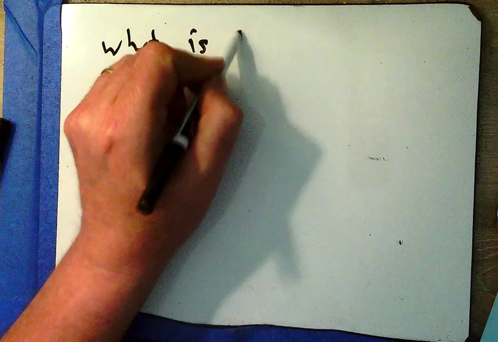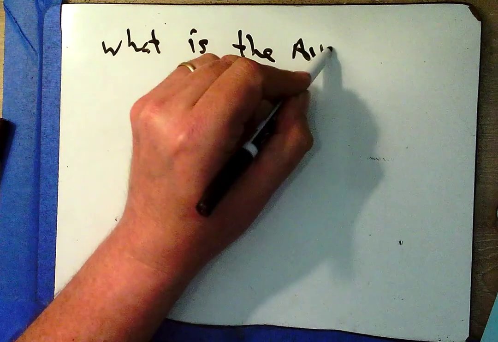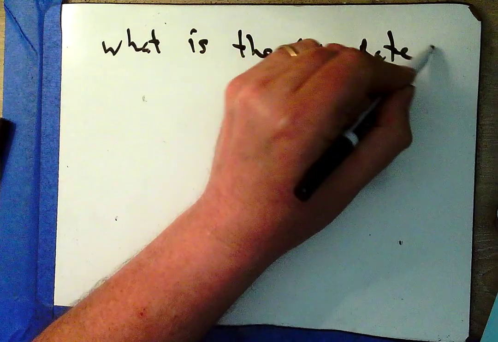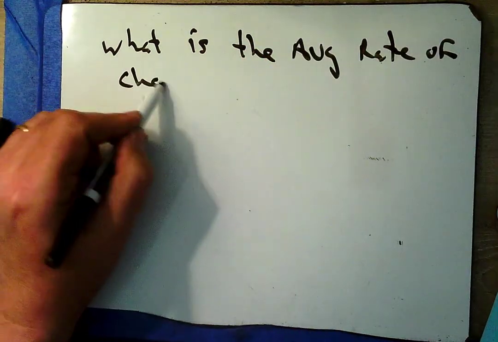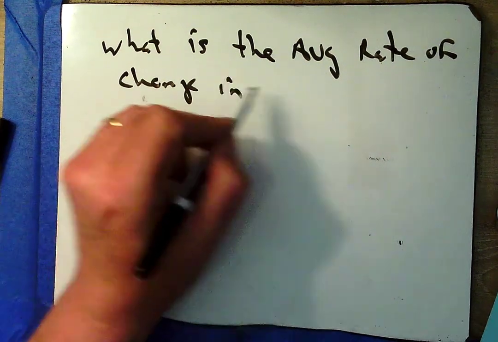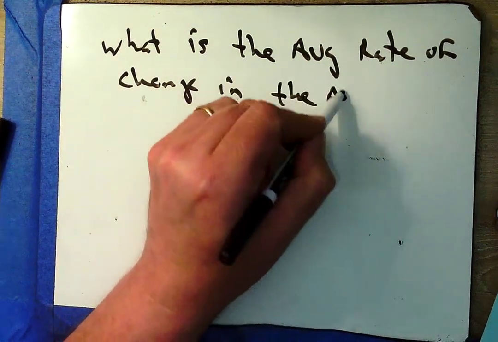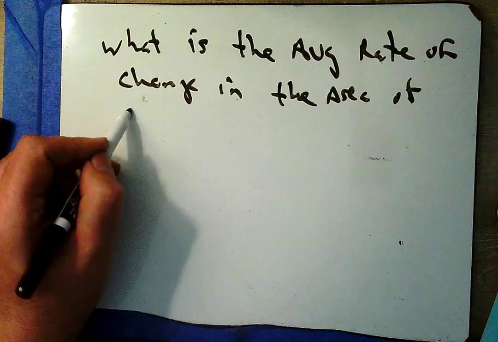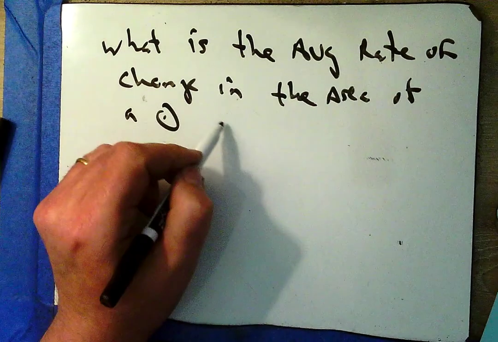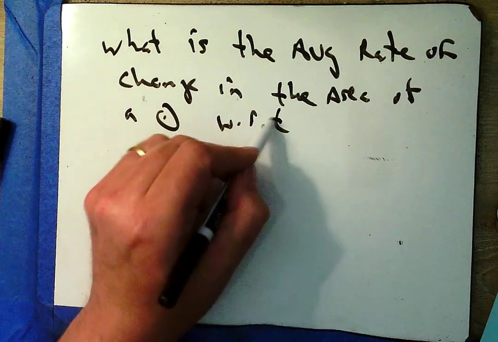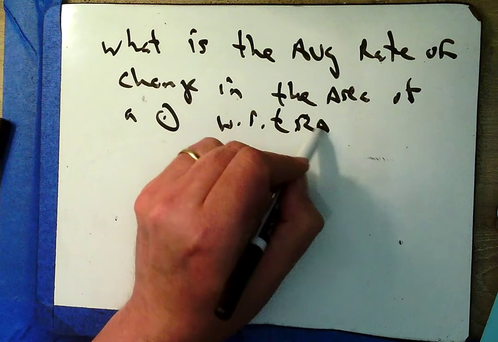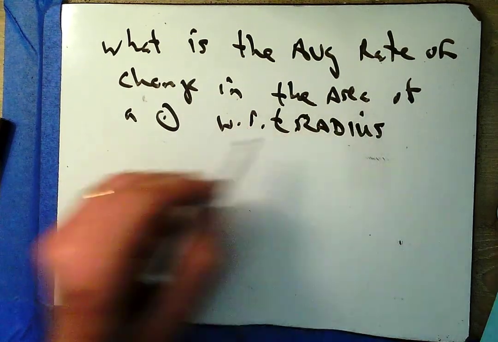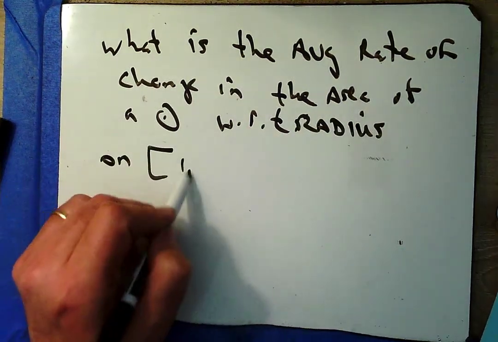Okay, the last thing I want to ask you about is, what is the average rate of change in the area of a circle with respect to radius on 1 to 3.